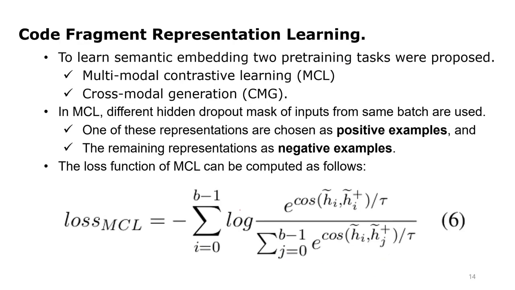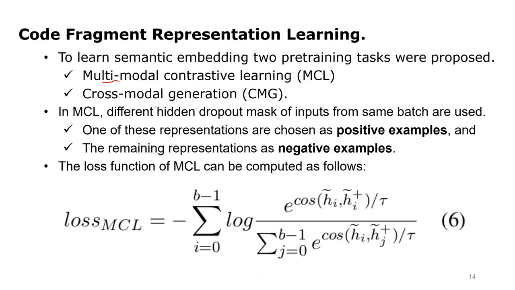The next one is how UniXcoder works with semantic understanding of the source code. For semantic embedding, they use two pre-training tasks. The first one is multi-modal contrastive learning, MCL. The second one is cross-modal generation.